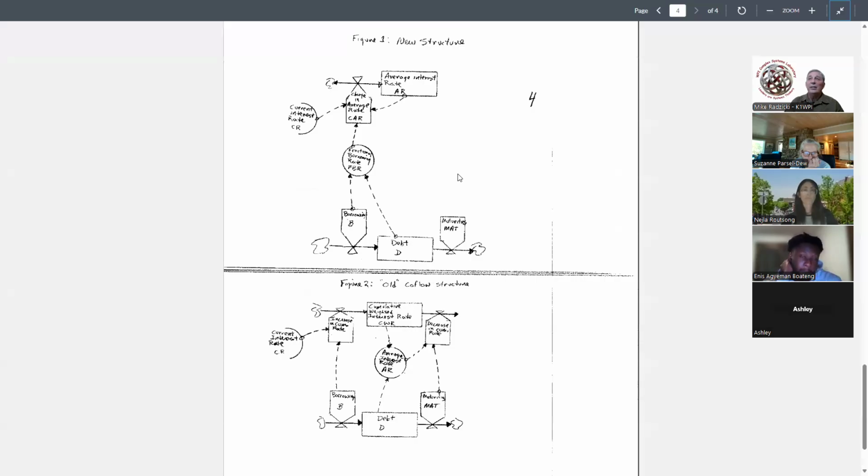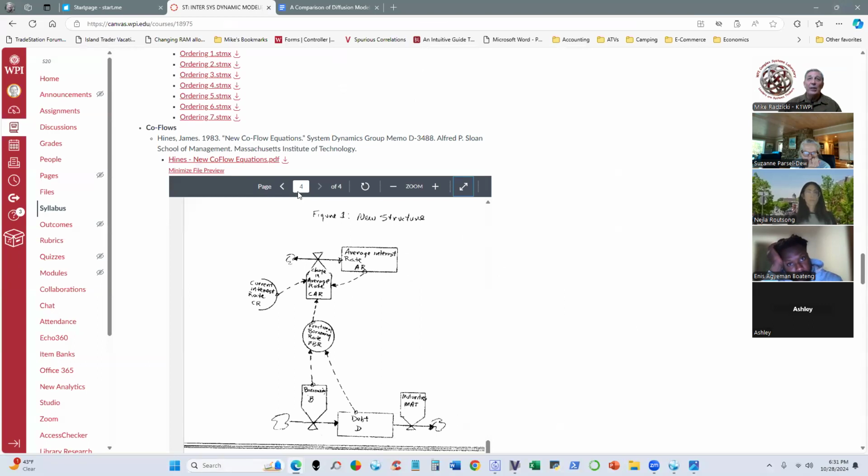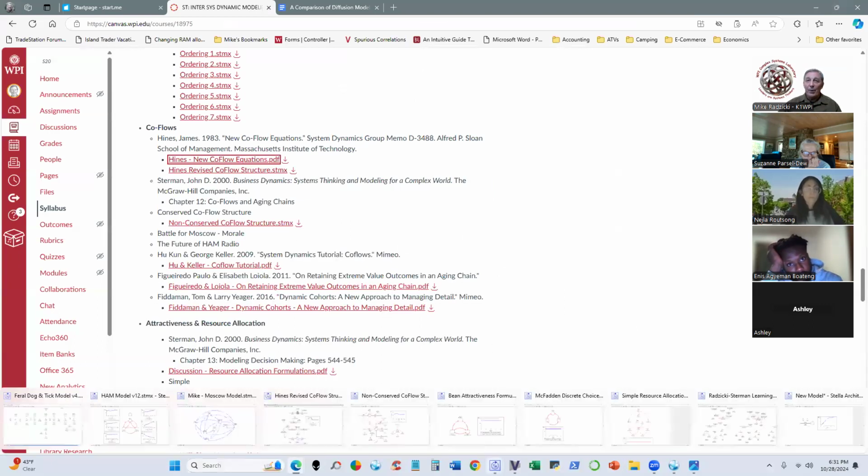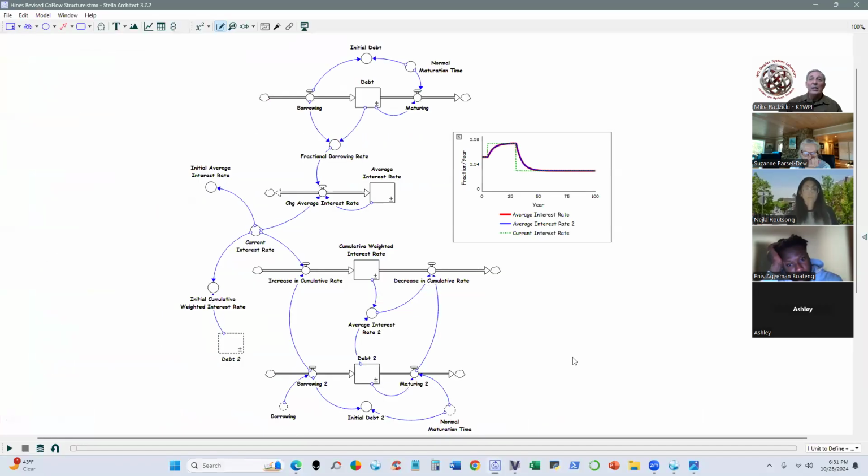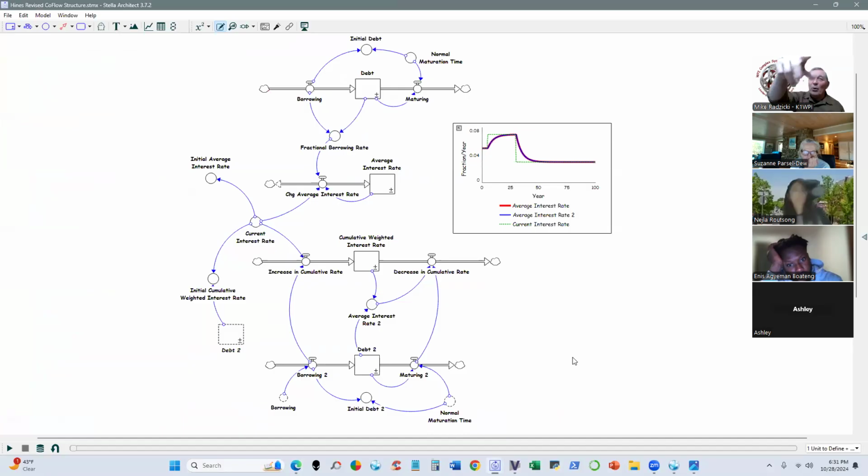I just replicated this in Stella. You probably haven't studied the Stella model yet, but basically it's exactly the same. Here's the old coflow structure, and here's Hines's revised coflow structure. That's why I picked debt and interest rates, because that's what he did in the original paper. I wanted to reproduce his original paper. If you study that D-memo, you'll see they're identical.